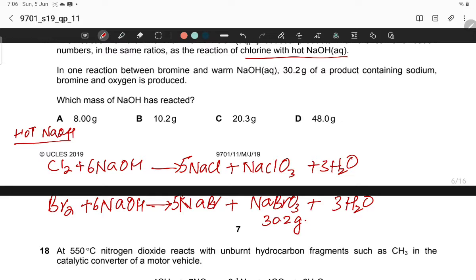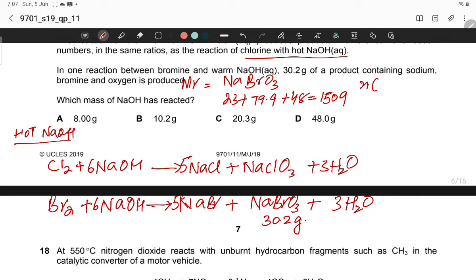So let's find out moles of sodium NaBrO3. Mr is 23 plus 79.9 plus 48, which is equal to 150.9.